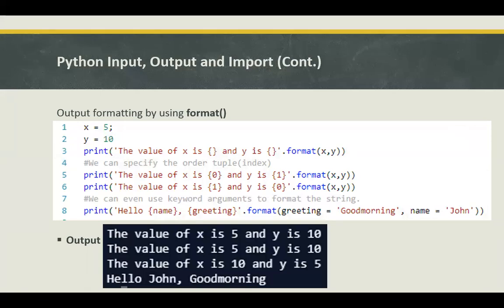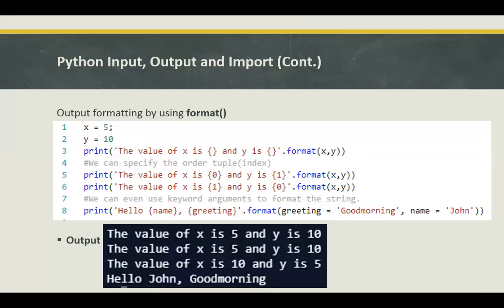Now the next thing is output formatting. Actually, in first year many times you have to format your output, right? Many times you have formatted your output by adding asterisk symbols, space, tab space, to make your output look proper.